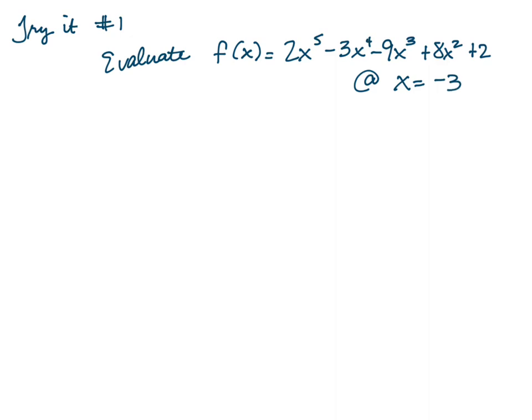I'll race you. 2x to the 5th minus 3x to the 4th minus 9x cubed plus 8x squared plus 2. And so what are they asking me to do? They're asking me to find f of -3. And we could plug in the -3, or we could do this.